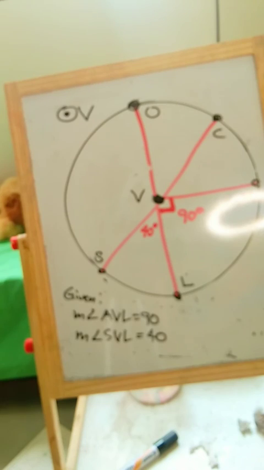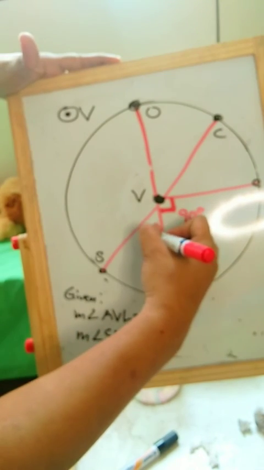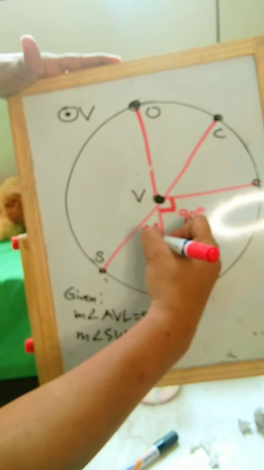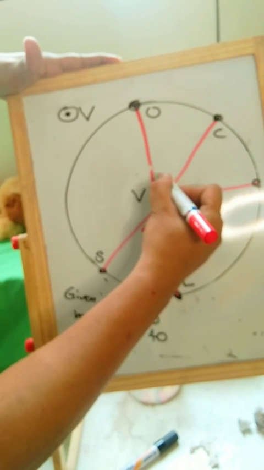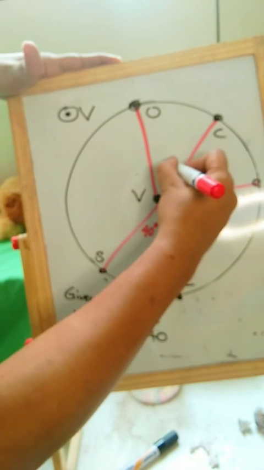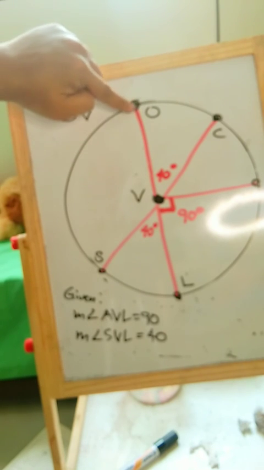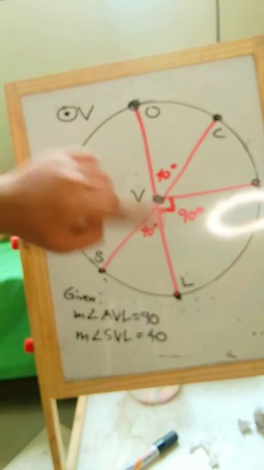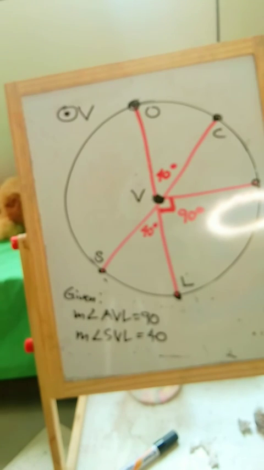Now, ganito ngayon. Unahin ko muna yung angle vertical to SVL, which is angle OVC. Since they are vertical, by vertical angle theorem, they are congruent. So, this is also 40. Now, if you will notice, segment OL here is a semicircle. Take note, a semicircle measures exactly 180 degrees because it is half of your circle.